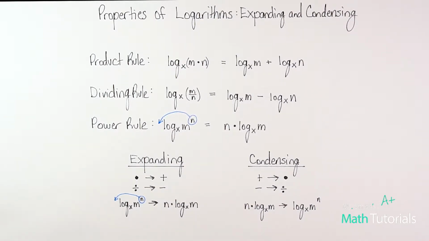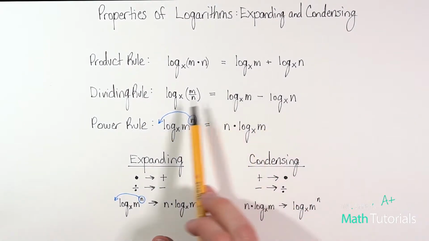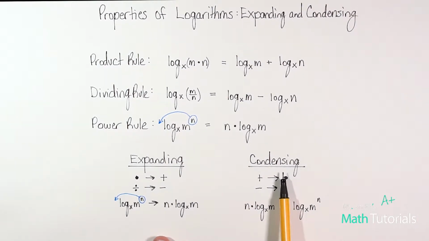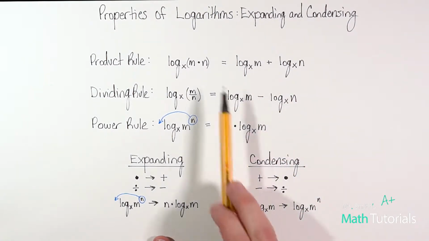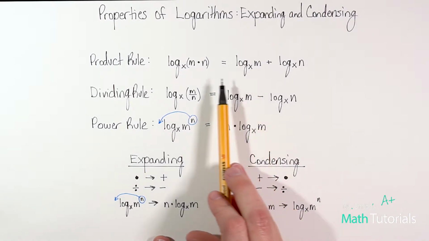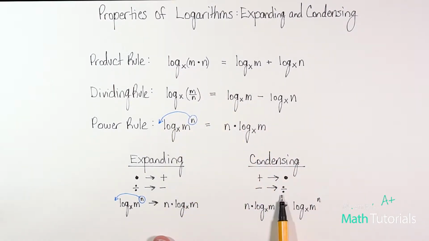When we want to do the reverse, because these rules work this way as well, and we want to take an expanded form and condense it, to make it smaller, we take the addition and make it multiplication. We take our subtraction and make it division.